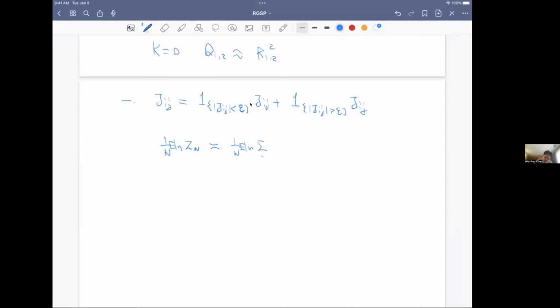So this is the sum over sigma of the exponential of beta times the sum of the indicator Jij bigger than epsilon times Jij sigma i sigma j. When epsilon is small, these two free energies look almost the same.